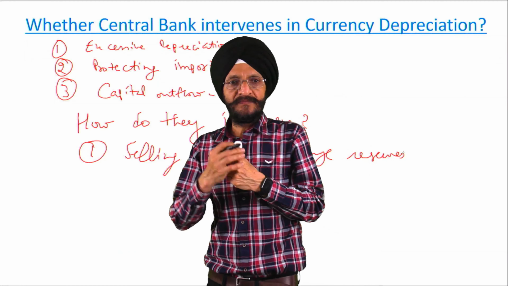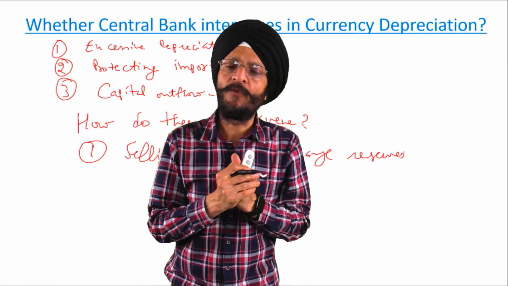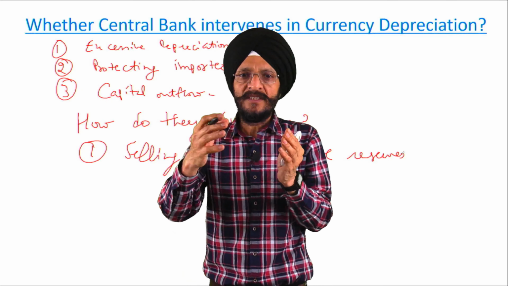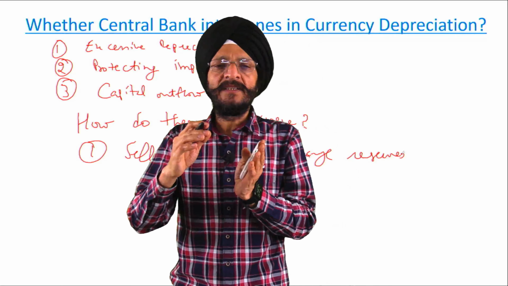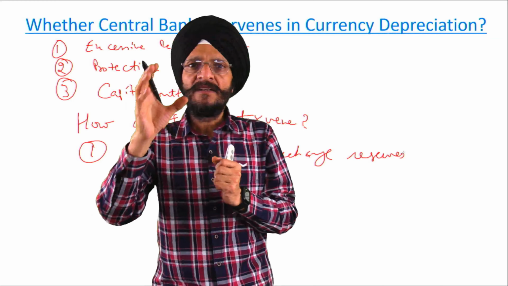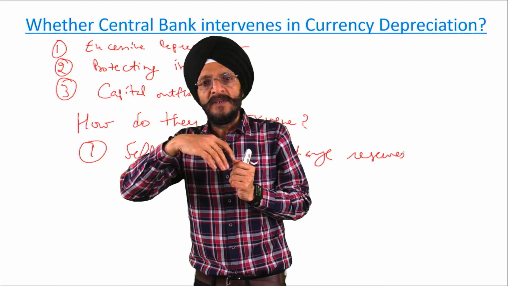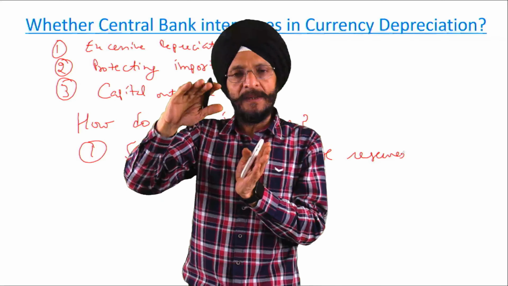That is, it artificially increases the supply of foreign currency in the market and reduces the supply of domestic currency in the market, and thereby ensures that the currency depreciation does not increase more, or the currency depreciation stops.